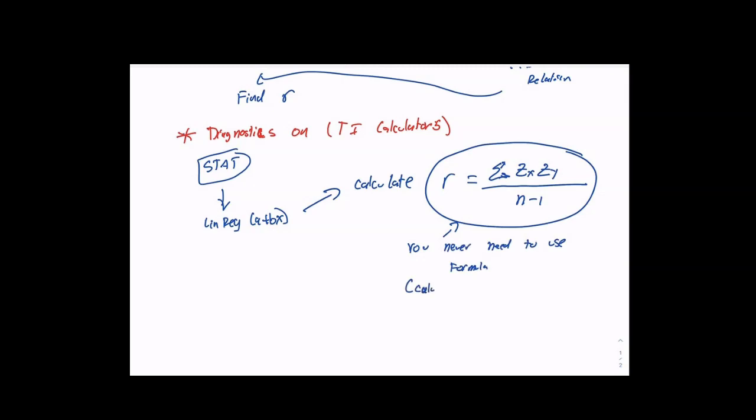The calculator will do it. So the calculator will do this formula. There is a formula for calculating R. It's the z-score. For every single coordinate there is a z-score for x, how far it is from the mean of x's, and a z-score for y, how many standard deviations that point is away from the mean of y.